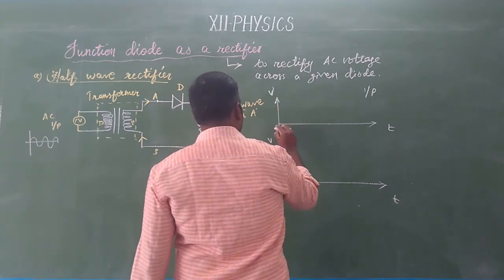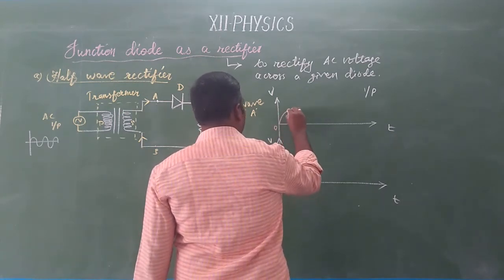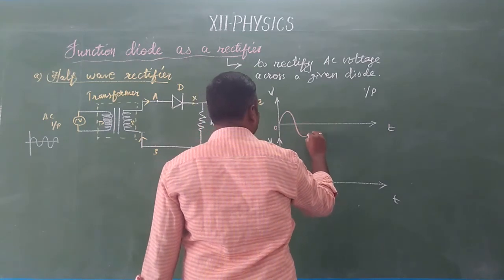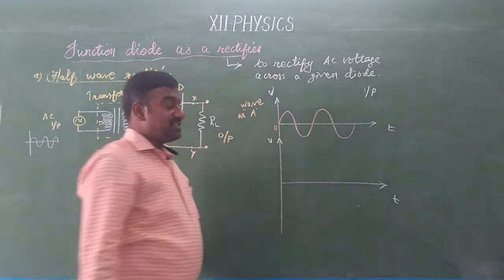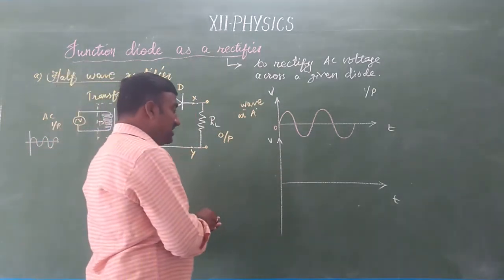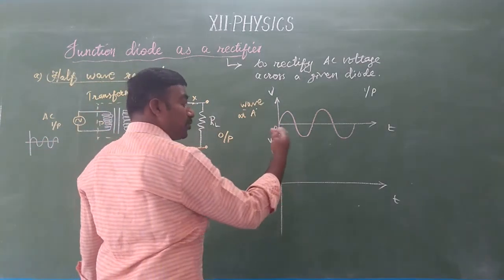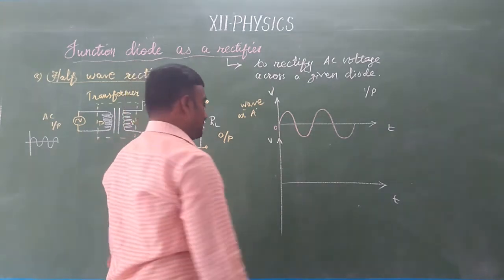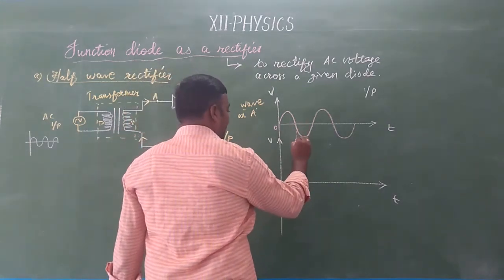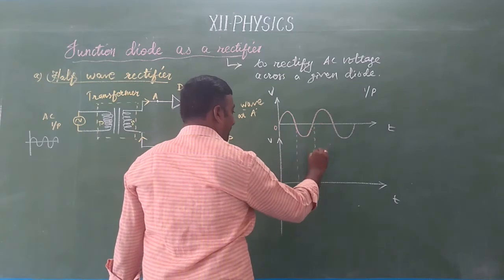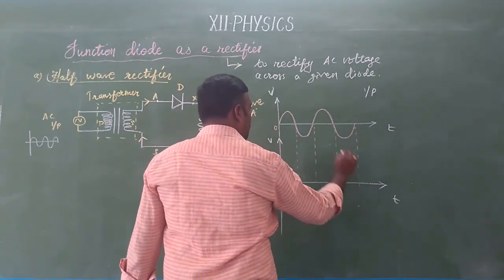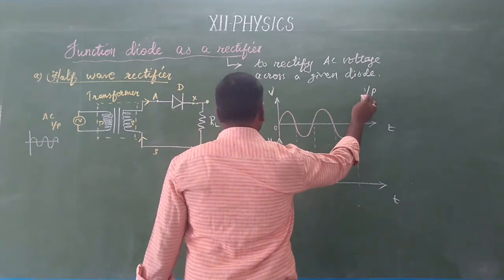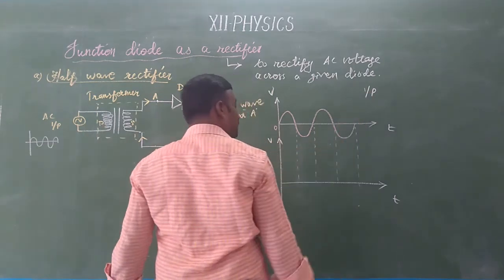When an input voltage is given, that is AC input. An AC input is given. So the AC input means at every half rotation the polarity is reversed. Okay. So this is AC input through the transformer to the diode.